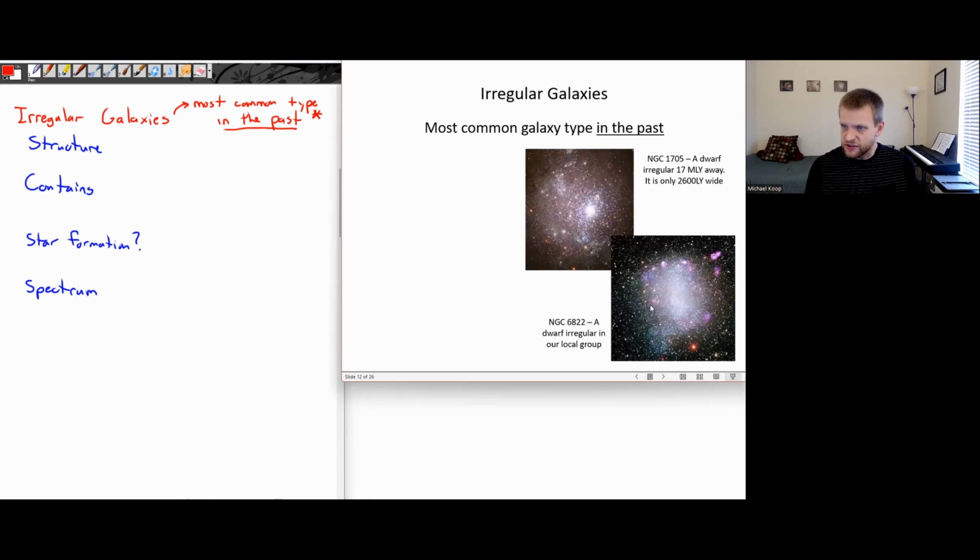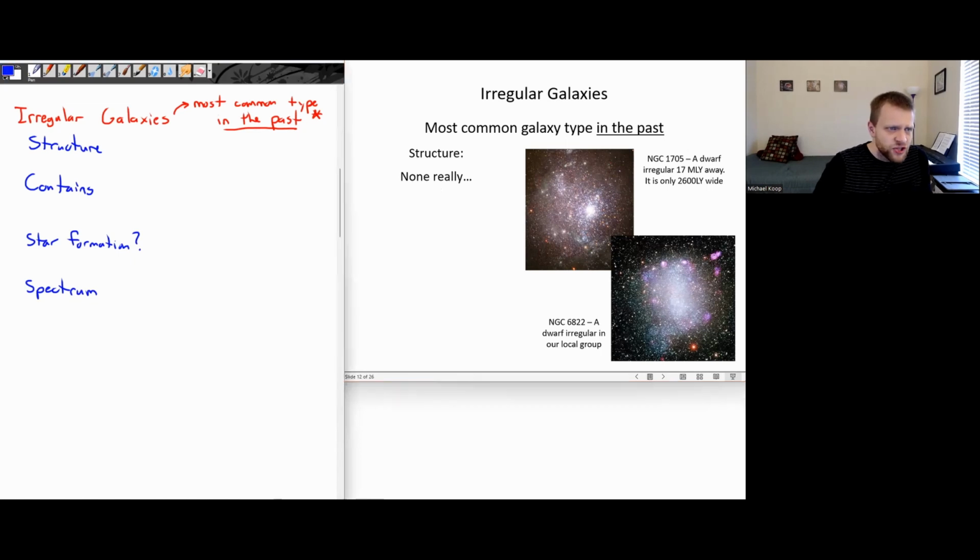These are some examples of irregular galaxies that we can see around us today. Structure: not really any, not much structure. We just get this weird assortment of stars and gas and dust clouds.